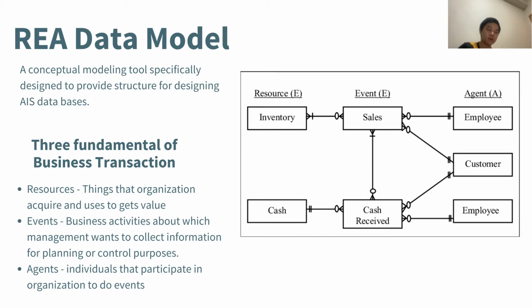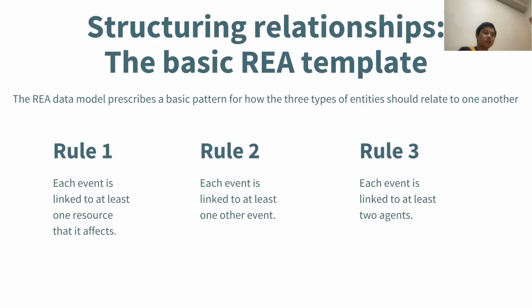Events are the actual giving and getting of the resources, like the business activities. And agents are the people who actually make the change, like employees, for example. In structuring relationships, the REA model prescribes a basic pattern for how the three types of entities, resources, events, and agents, relate to one another.